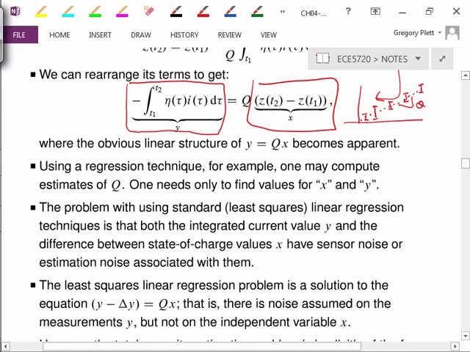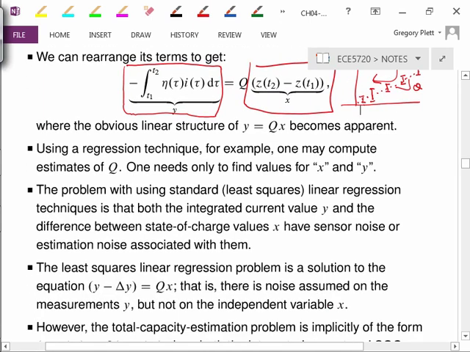One way we can think about this, maybe a little bit more mathematically, is the least squares problem tries to find the solution to this equation. It's saying that there could be noise on y. The noise is delta y.